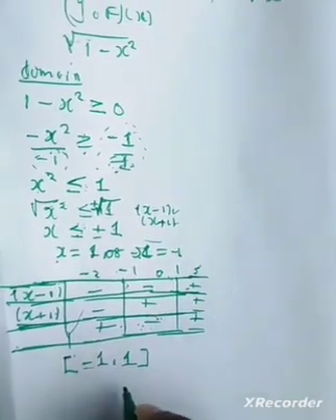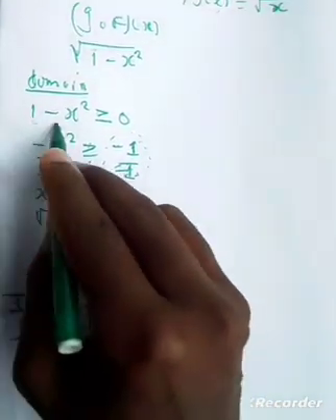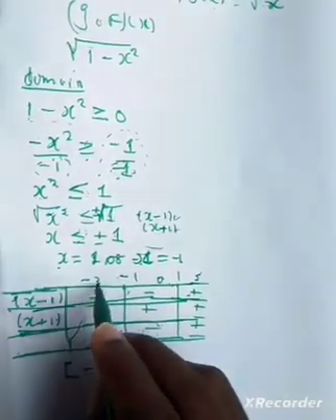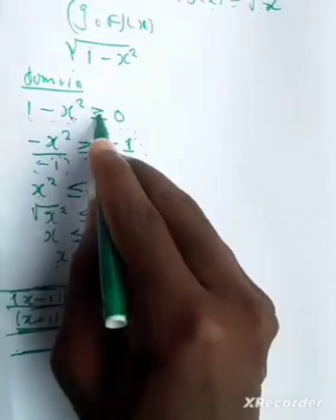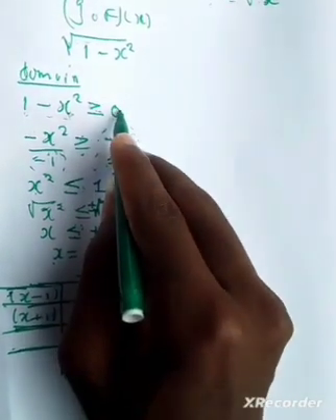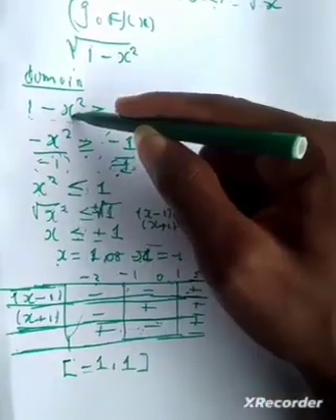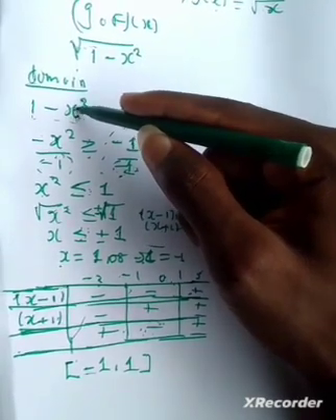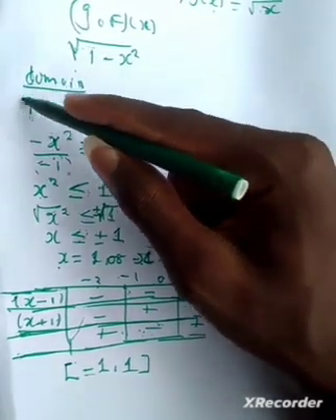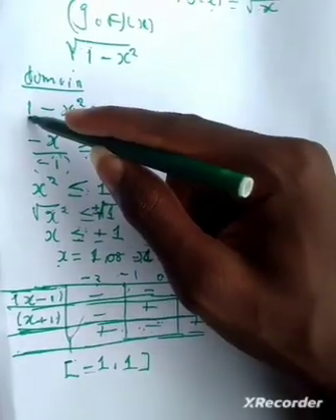And you can prove this. Let's use this one to test. If I get negative 2, I put it here. Am I going to get a value that is greater than or equal to 0? If I put negative 2 here, I'm going to get negative 4. And if I say plus 1, I'm going to get a negative.